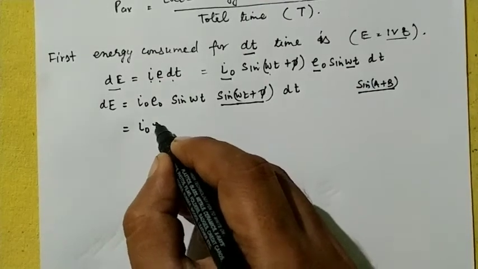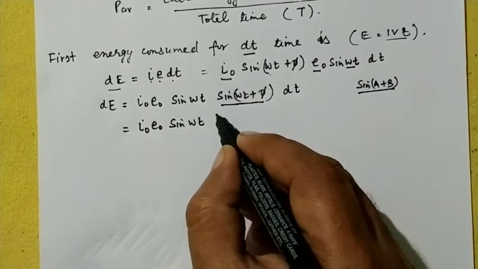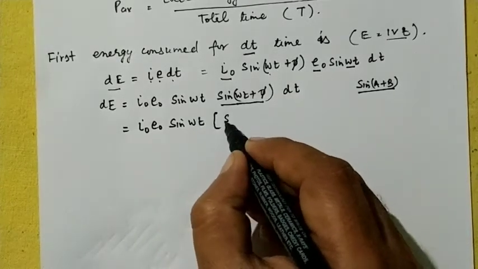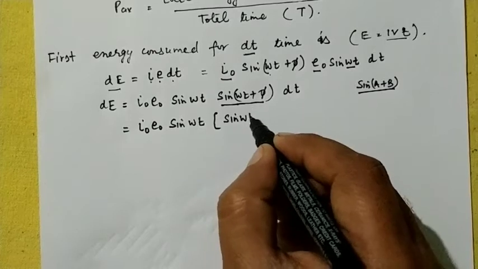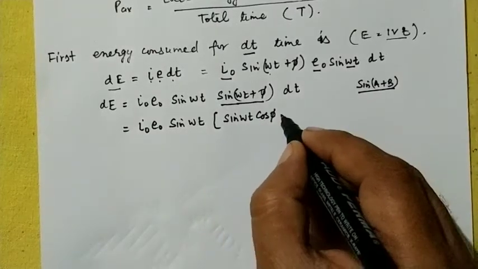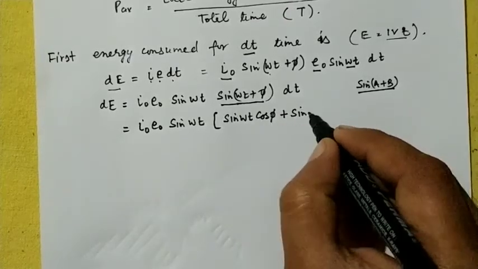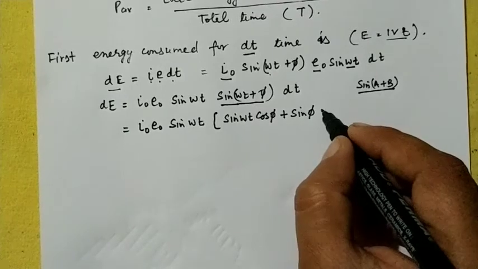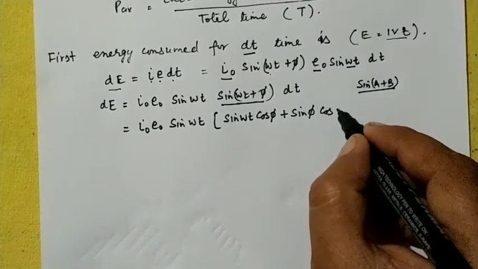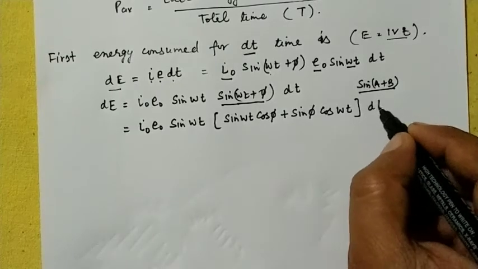It is I naught E naught sine of omega t, into sine of A, that is omega t, cos of B, that is phi, plus sine of B, that is phi, and cos of A, that is omega t, into dt.